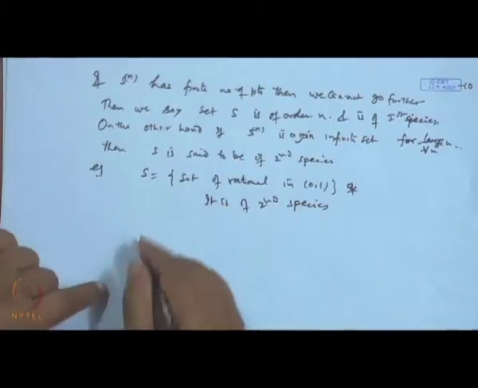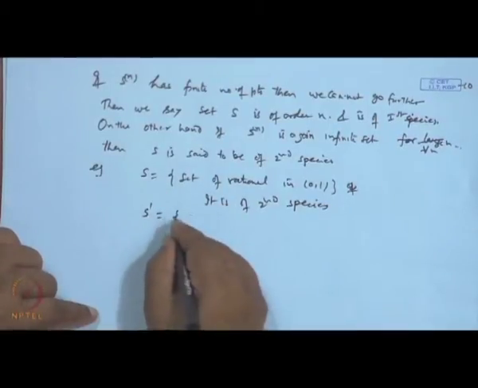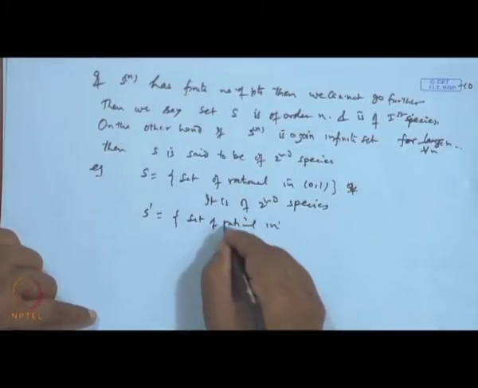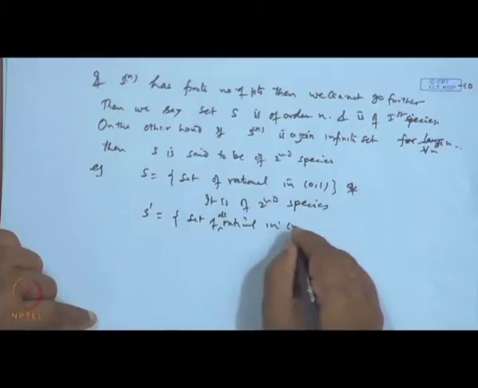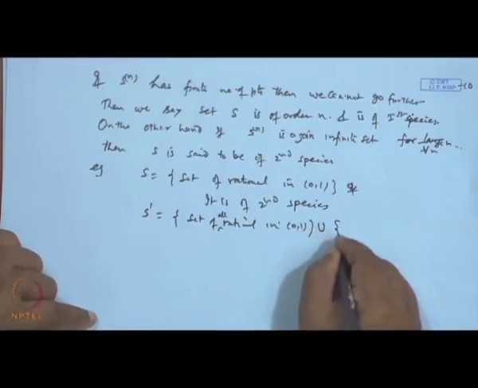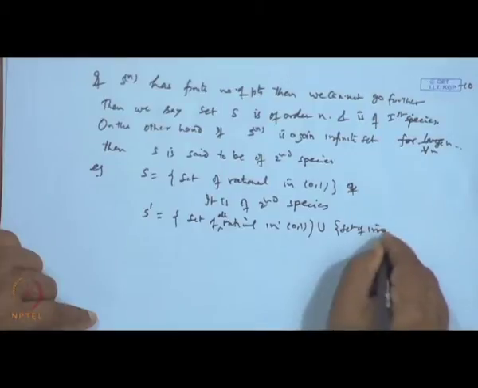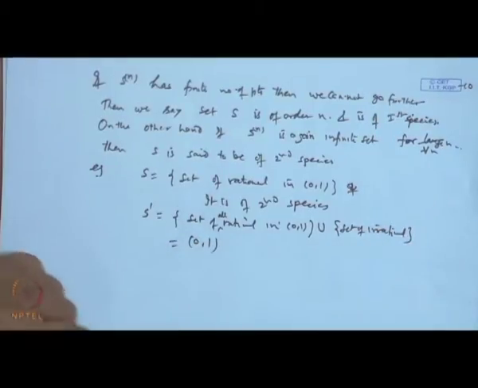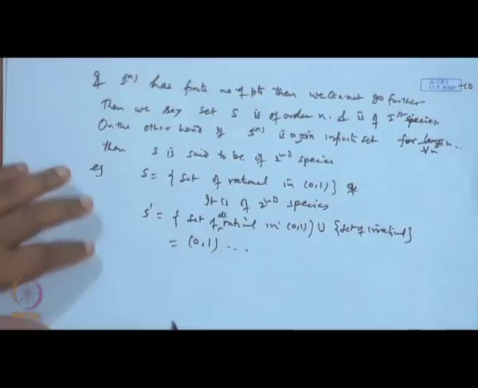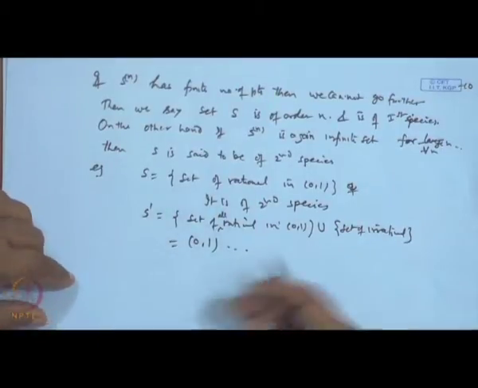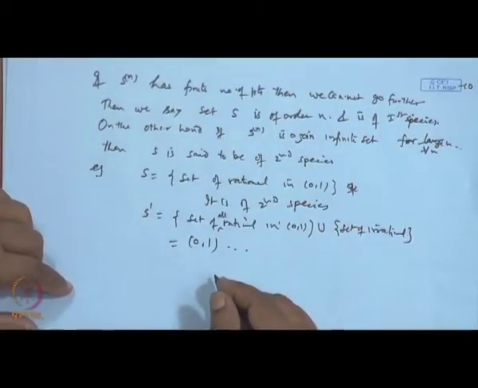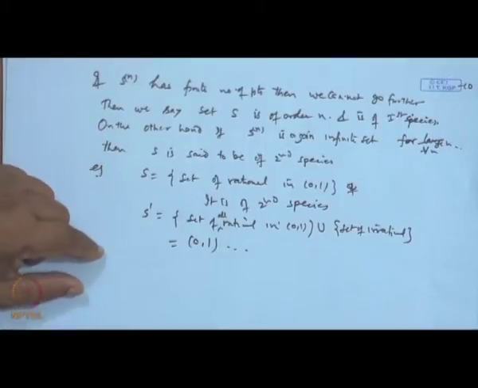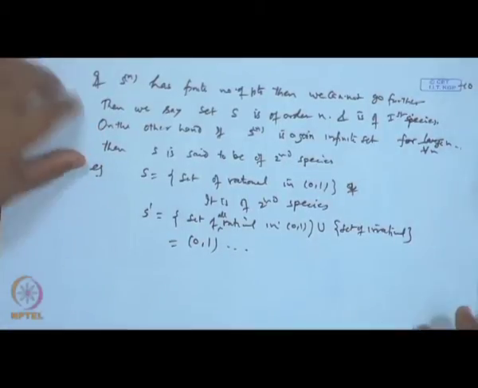Because the set of limit points of this is all rationals in the interval 0 1, and then the set of all irrationals will also be limit points of this, and basically this is nothing but the interval 0 1 itself. Continuing this, every time the derived set comes out to be the set itself, so it is possible to get the limit points. So, it is of second category. Okay. So, that is what we want.